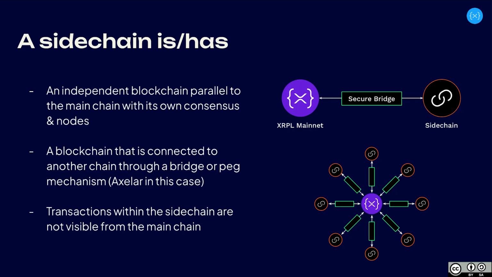And so this is what it mostly looks like with XRPL. You have the mainnet, which is the chain that you developed on yesterday, and then you have the sidechain, which is an EVM chain that is bridged through Axelar. You will learn more about Axelar in the afternoon. And so this is a chain that only has one sidechain, but you could also imagine that you want to build your blockchain for your own purposes and put it as a sidechain, and so you could have one chain that has many bridges.